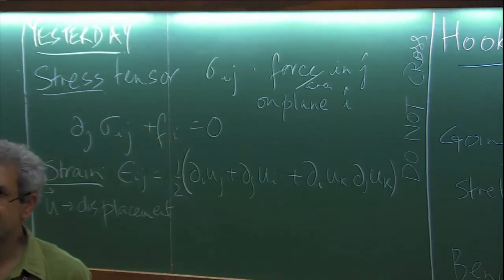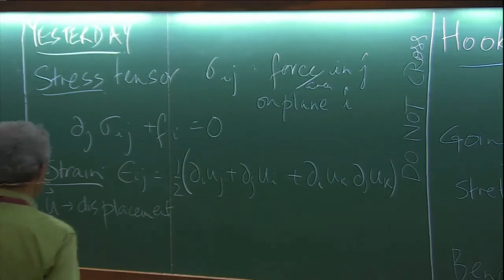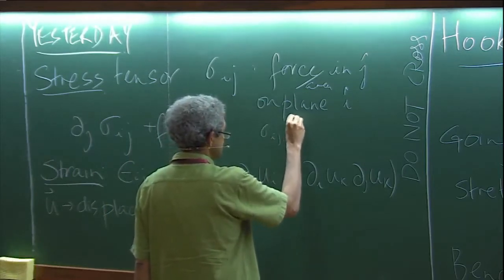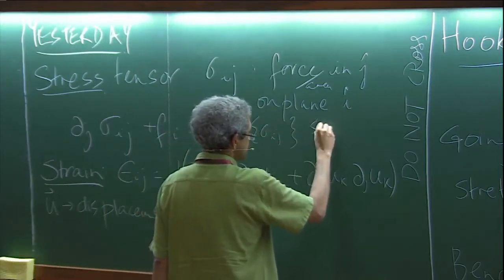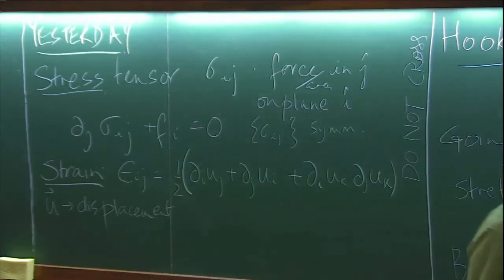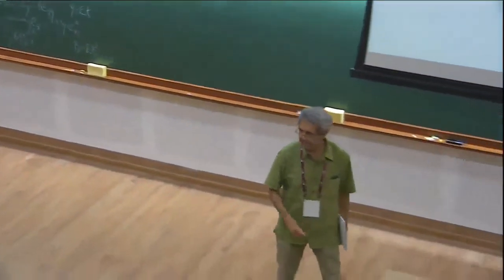We also, or at least I waved my hands a little bit and asked you to look at torque balance on a volume element. And if you look at torque balance, you'll see that this tensor is symmetric. Sigma ij is a symmetric tensor. We talked a little bit about what the diagonal version of that tensor looks like. We said that the diagonal version would have principal stresses.